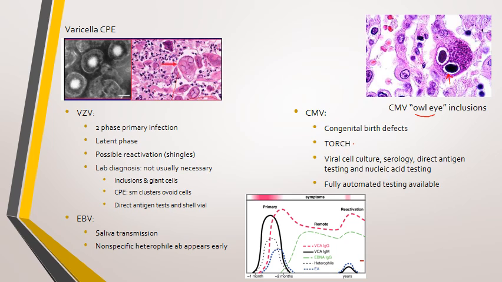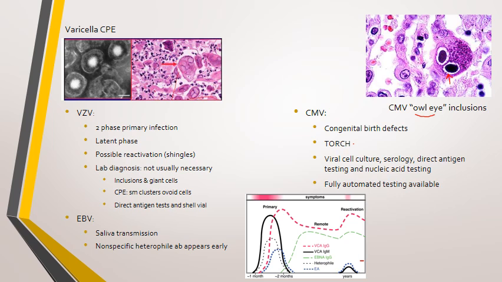And one of the ways that we can do that is by neutralizing the white cells in the unit if possible, so that any virus that might be in there isn't able to escape and replicate. Obviously you can detect this virus using a viral culture, but we also have serologies and direct antigen testing as well as nucleic acid testing available.